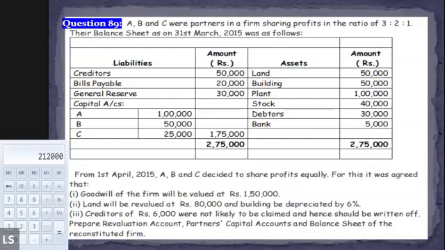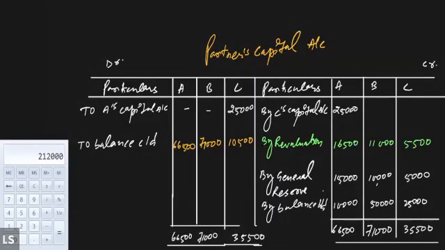We just distribute it among the partners in the old profit sharing ratio. That is what I have done. You can see on the credit side of the partner's capital account, I have written the general reserve, 15,000, 10,000 and 5,000, distributed among the partners in the old PSR. I hope this is clear to everyone.